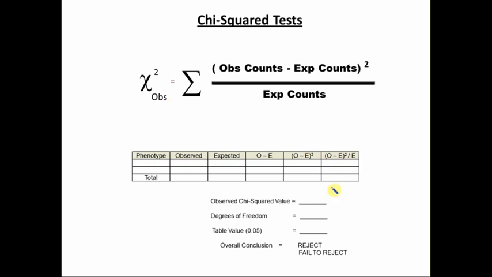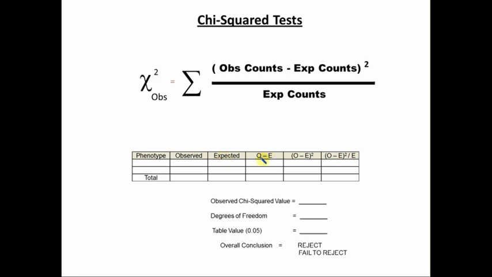Now, in genetics, what we've done is put this into table form, so that we have phenotypes or genotypes over here, just a category, red and white or blue and green, whatever it might be. Your observed data here, and your expected data or expected outcomes determined from taking these ratios. We'll talk more about that in a moment.